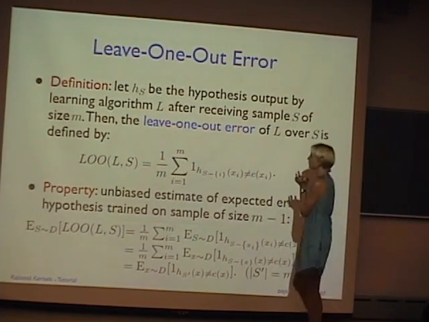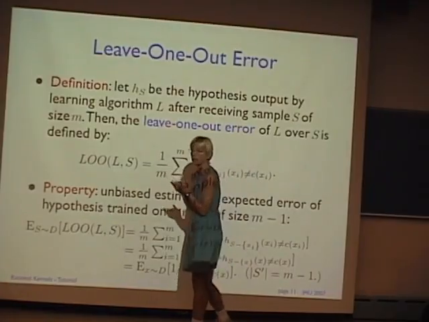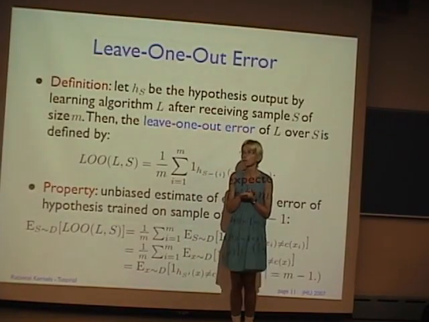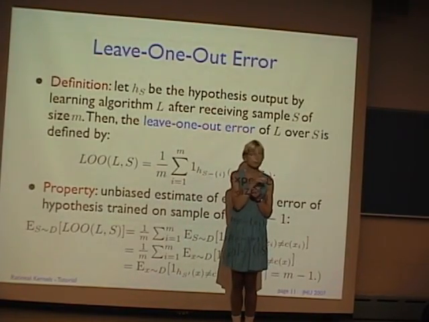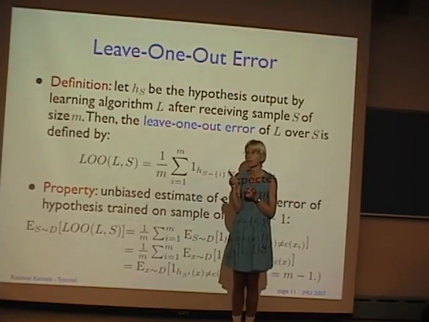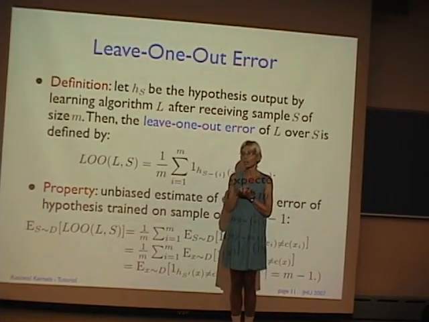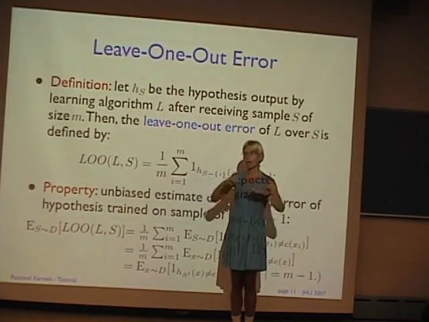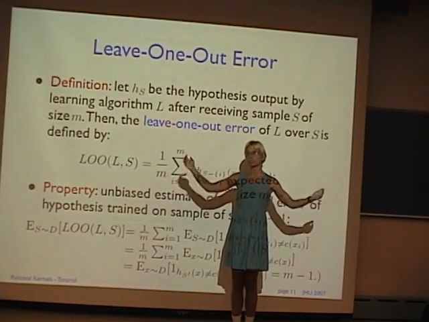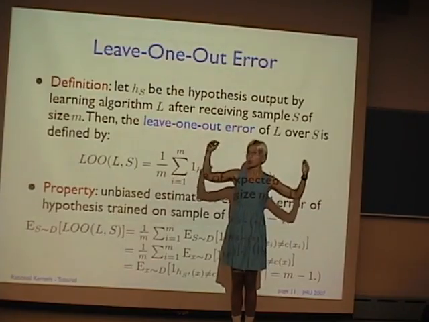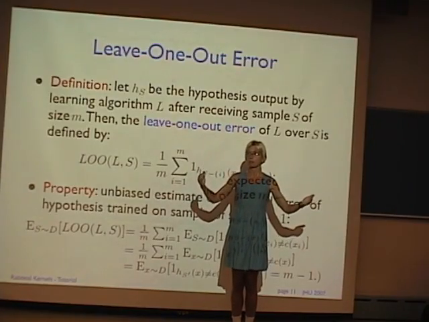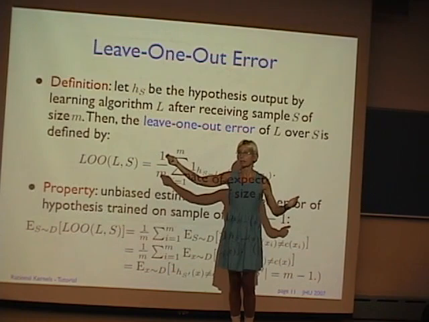That can be found from an argument based on the leave one out error. Everybody in here knows what the leave one out error is? Yes, yes, yes. Who are the no's? Okay, we have some no's. A leave one out error is like an M-fold cross-validation. So you have M training examples. You take one out, you train on the rest, and now you test on the one that you have taken out.